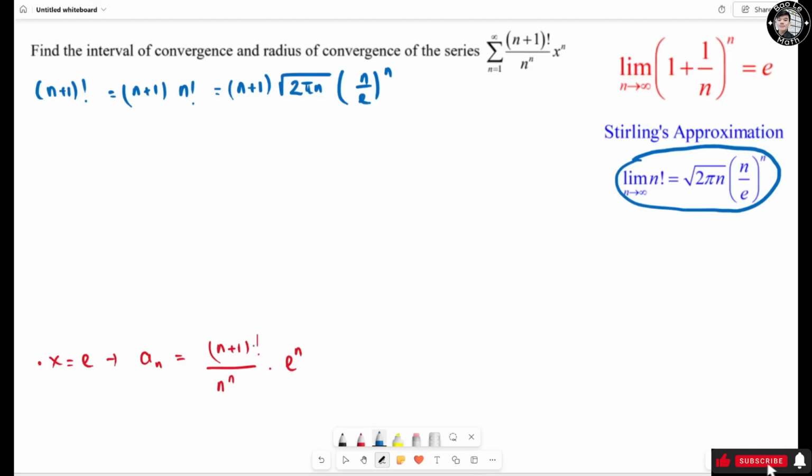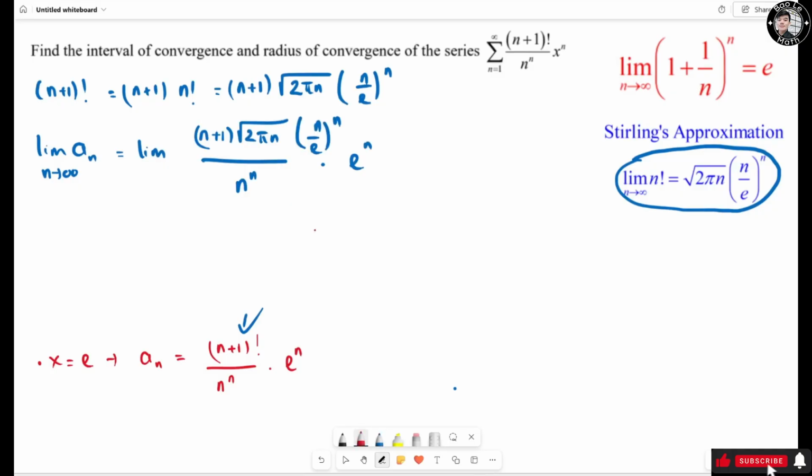Now I'm going to substitute this guy back over here, so I have the limit of a_n when n approaches infinity, and this guy is gone, this guy is gone. So I have the limit when n approaches infinity of (n+1) times the square root of 2 pi n, and this guy is actually infinity. So the series diverges.